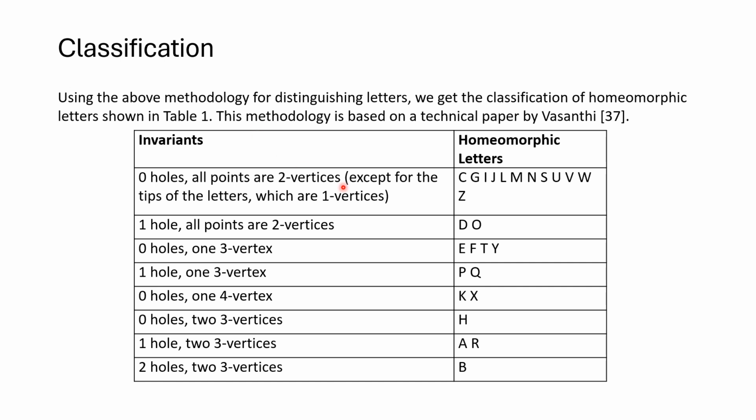So the first set of letters, which are most of the letters, they have 0 holes, and all the points are 2 vertices except for the 1 vertices. So for example, the C has a 1 vertex at the top here and at the bottom, but the rest of the points are 2 vertices. And you can take any one of these and bend it, or deform it, into any of the other ones. What might be a little bit tricky is the M. You see there's a sharp bend here.